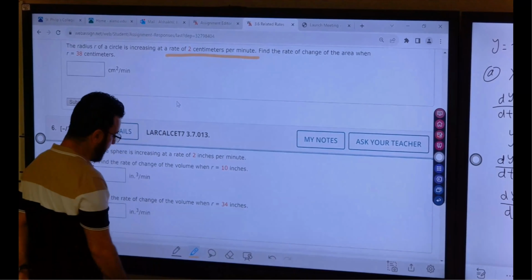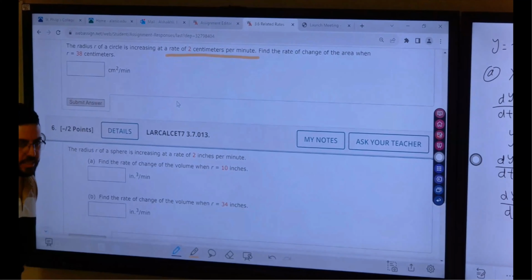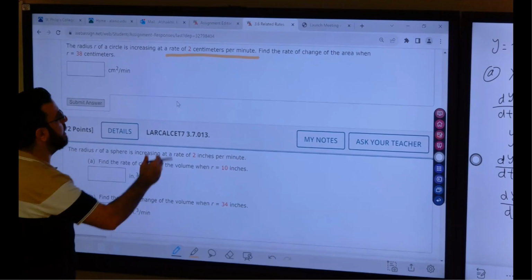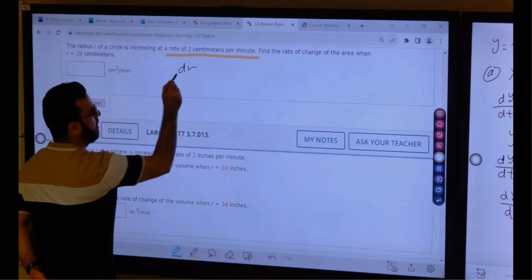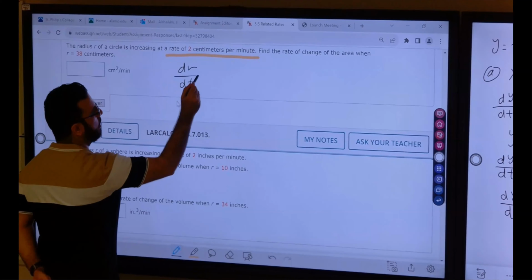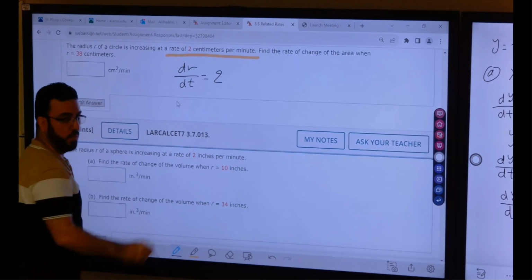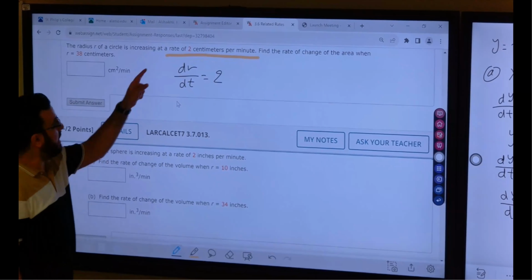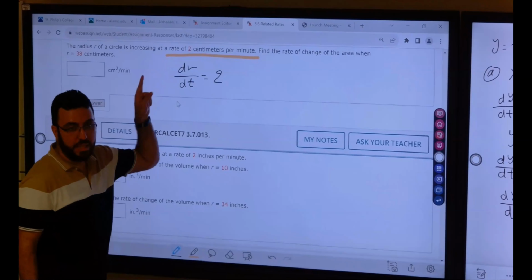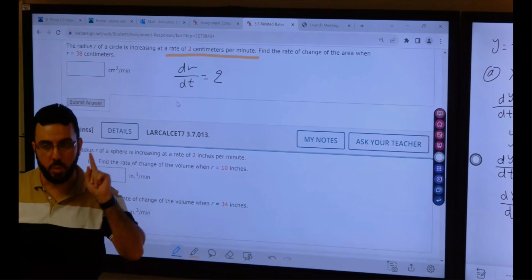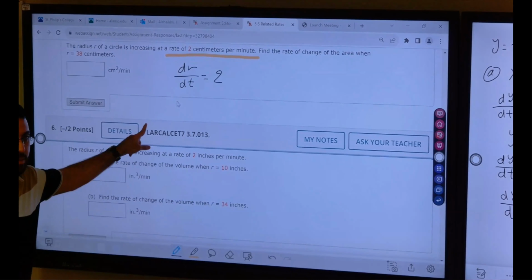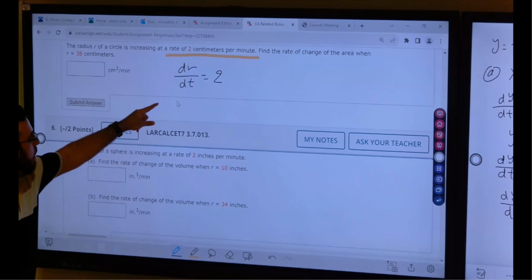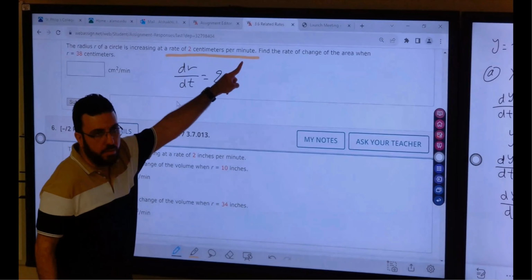That means the change of radius with respect to t equals 2. The derivative of the radius with respect to time equals 2. That means the radius of the circle changes 2 centimeters per minute.